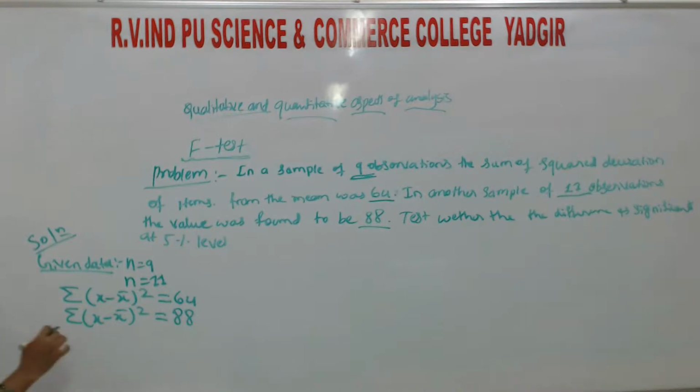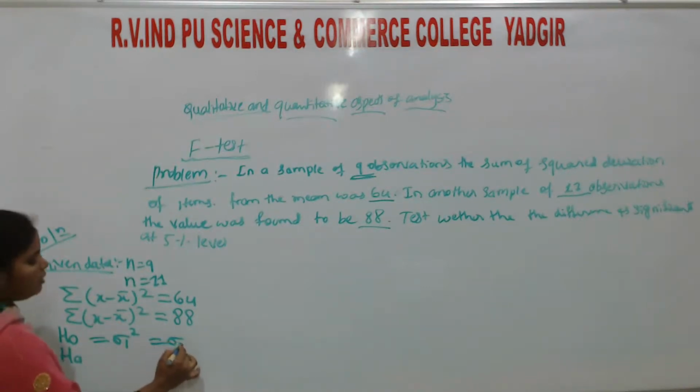Here the null hypothesis and the alternative hypothesis. Therefore, the null hypothesis is sigma 1 square is equal to sigma 2 square.